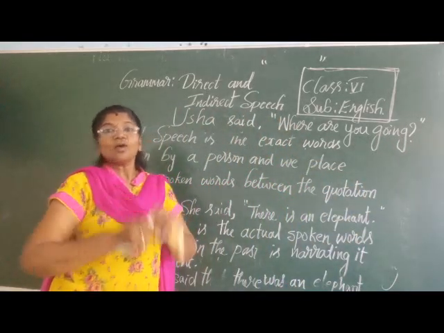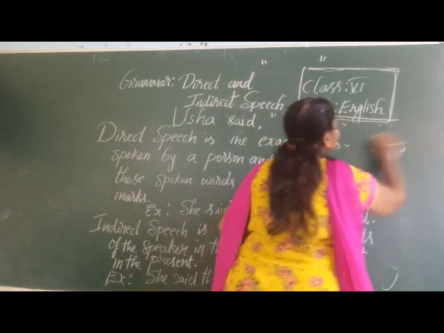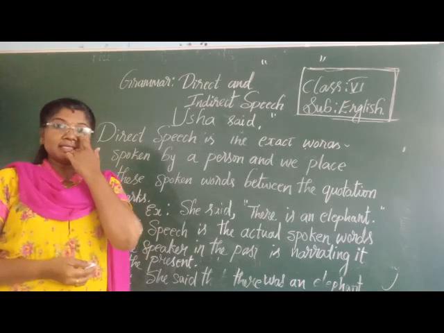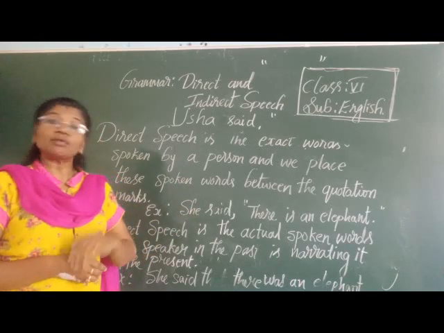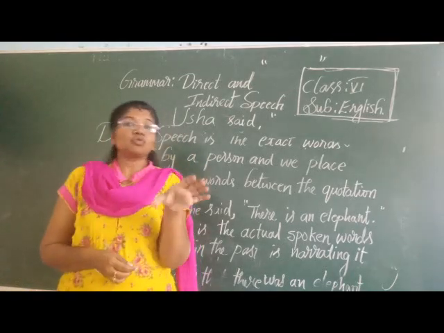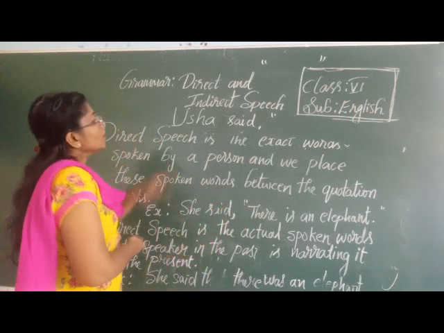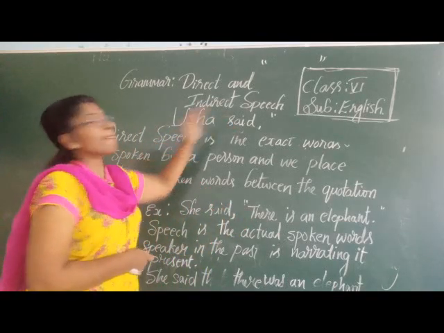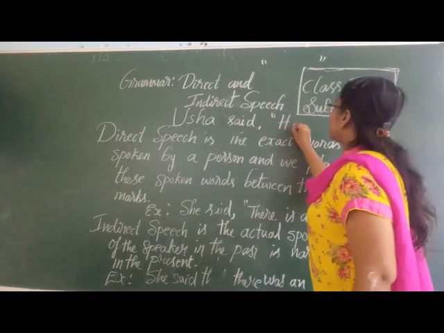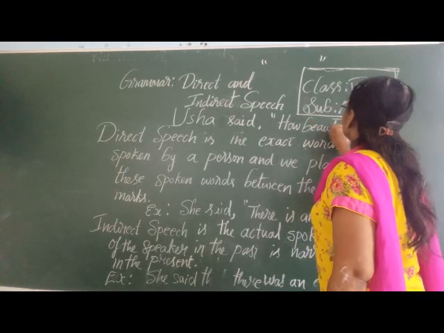Got it? Okay, if it is an exclamatory sentence, for example in direct speech, I'm talking about the rules now, how to use these quotation marks, how to write an exclamatory sentence and an interrogative sentence in direct speech. Now see here, Usha said, how beautiful it is! It's not a question.